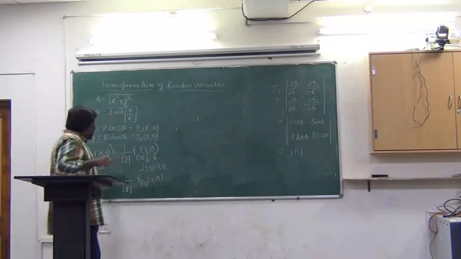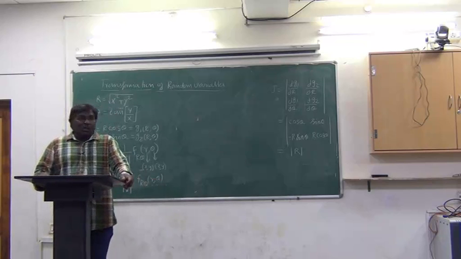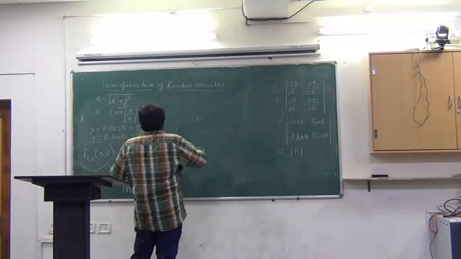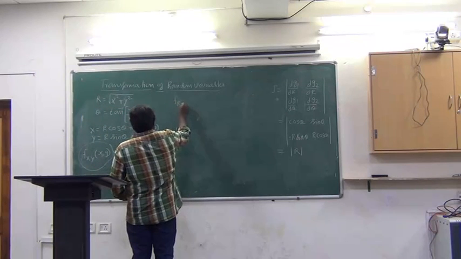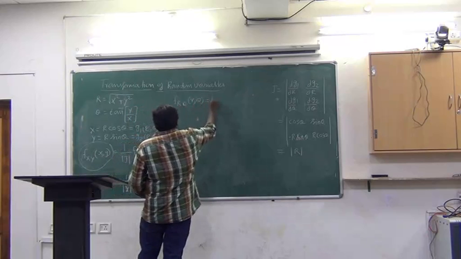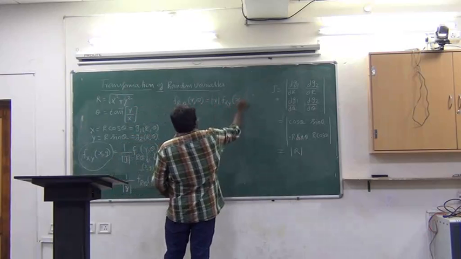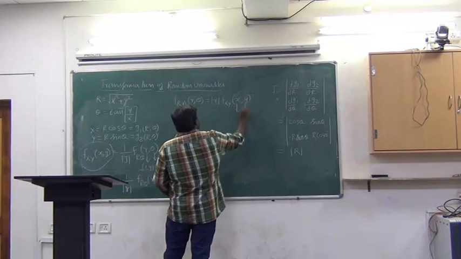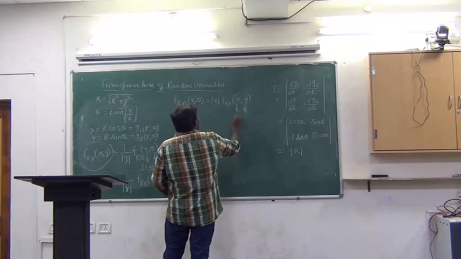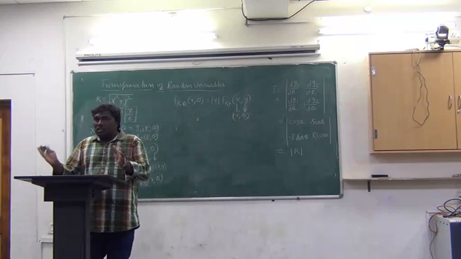This is the way we convert, right? In fact, the other way around is also true. For example, what I am telling here is f_R theta of r comma theta is mod r times f_XY of x comma y, where x and y we can write in terms of r and theta.